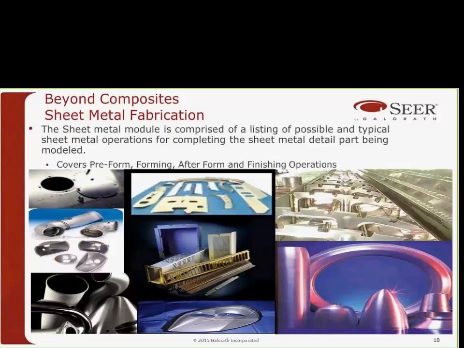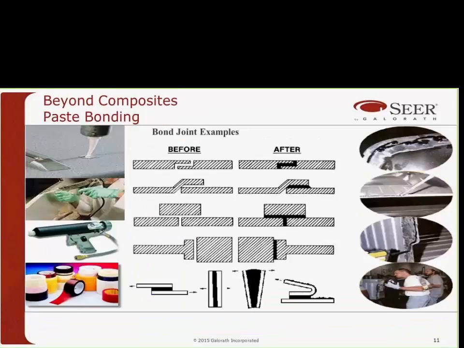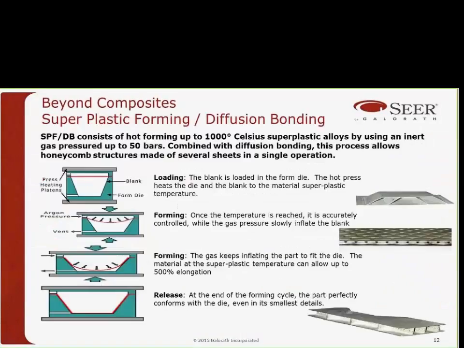There's an extensive sheet metal fabrication model, which covers preforming, forming, afterforming, and finishing operations based on thousands of previous standard sheet metal parts from within industry. Paste bonding for different joints, superplastic forming and diffusion bonding.